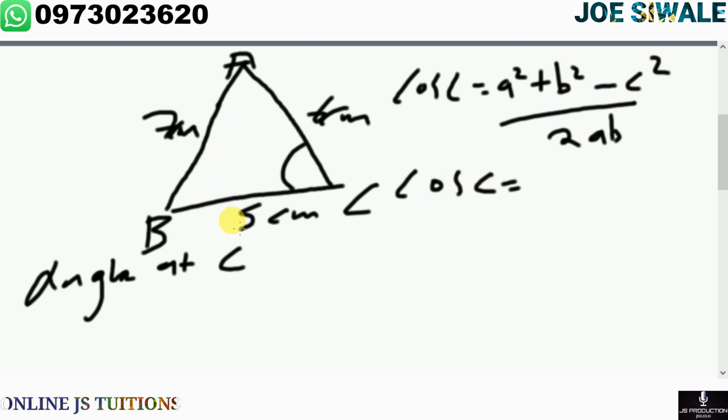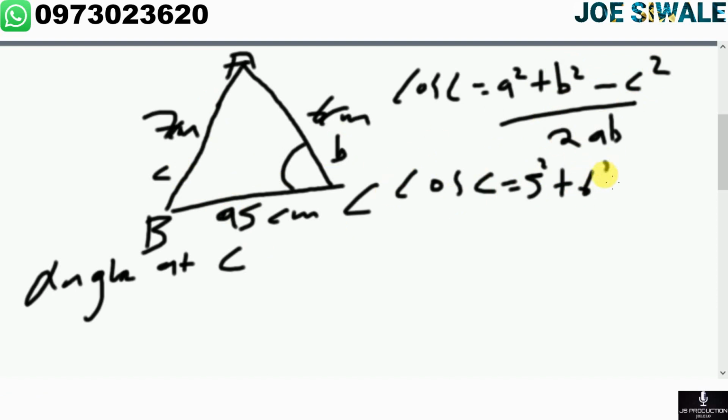I know that this is A, this is B, this is C. So my A here, I know that's 5. So that is going to be 5 squared plus B here, that's 6 squared minus C. What's my C? My C is 7. So 7 squared divided by 2 multiplied by 5 multiplied by 6.